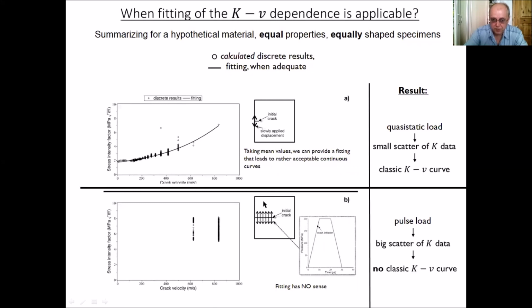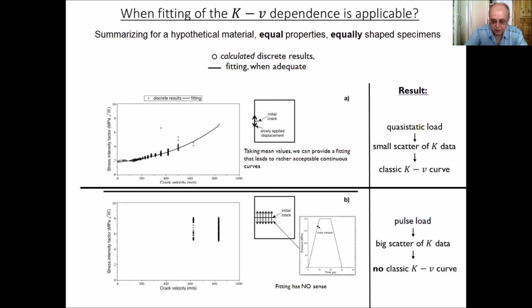But in the case of extreme impact loading, the fitting has no sense. So we have to take it as it is. On this slide you see both versions of the behavior. In the upper part of the slide is a slow loading case, just an acceleration from the static.